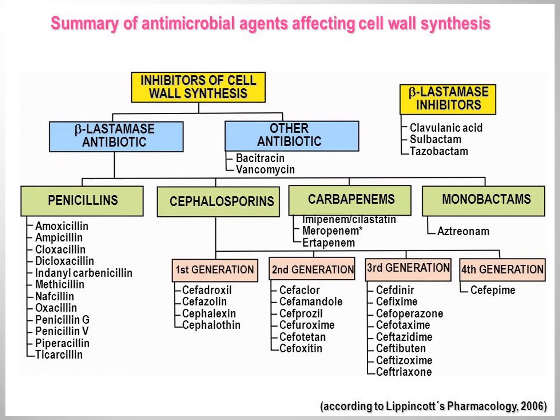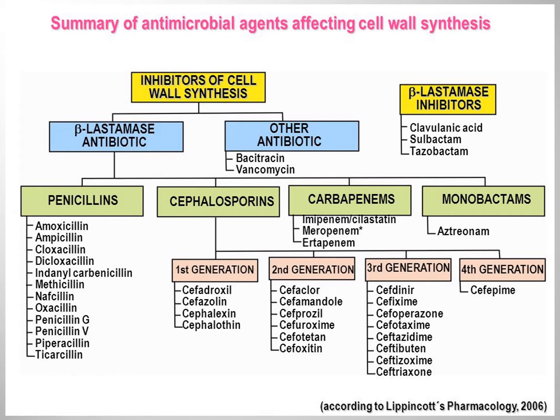So that gives you an idea of why they're listed in generations: first generation is much more effective against gram-positive, and further down the generations they are much more effective against gram-negative bacteria.